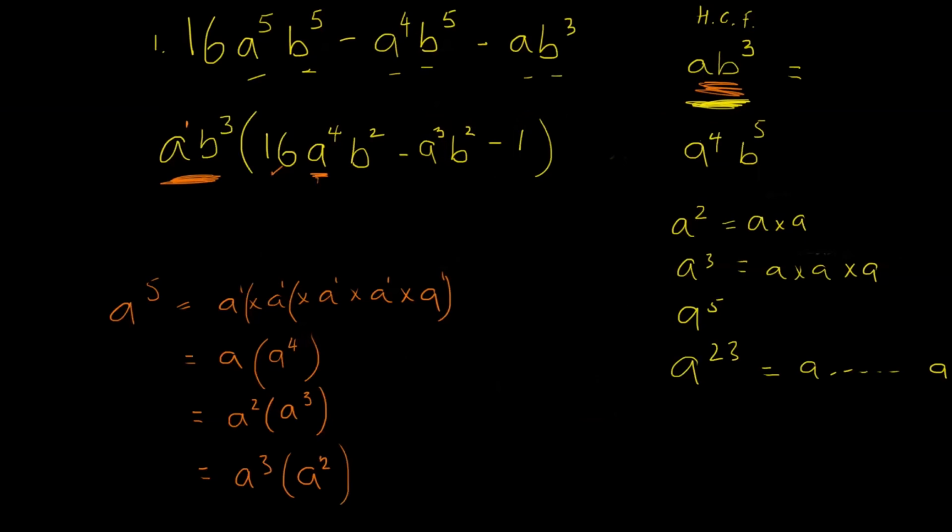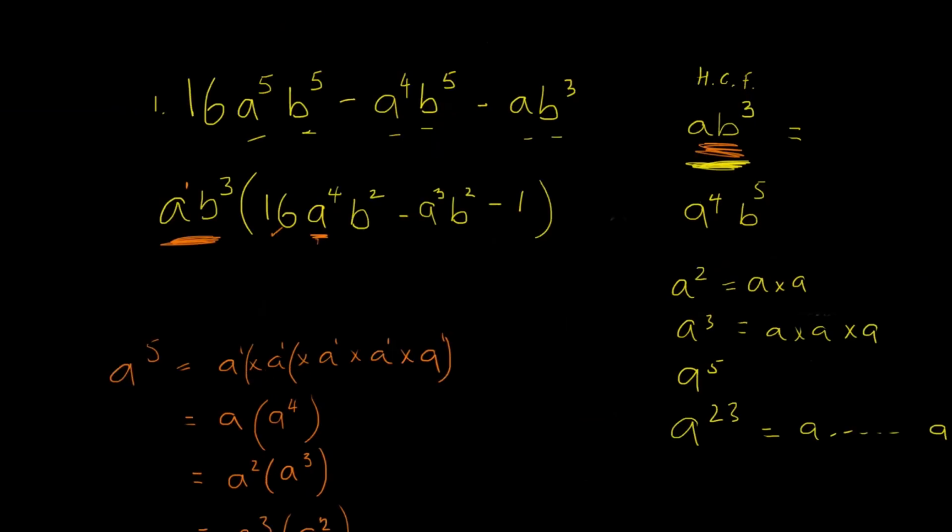So we had a to the 5 here. I've taken an a out, therefore I've got to have an a to the power of 4 here. With the same example, I'm going to do it in a different color with the same concept. If I've taken the b cubed outside.